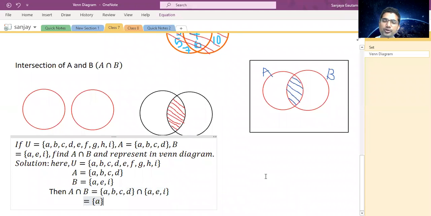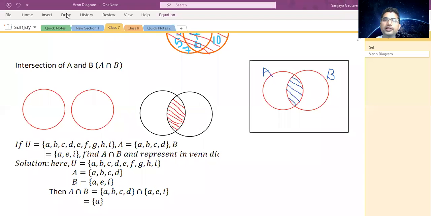So now we have to represent this A intersection B in a Venn diagram. Okay. So we have a universal set, so we need to draw a rectangular box. If we have a universal set given, we need to draw a rectangular box.